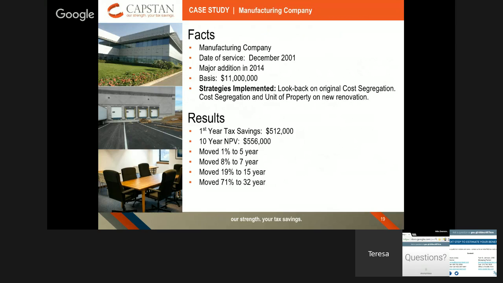And you can see the percentages that we moved: close to 10% between 5 and 7 years, and close to 20% to 15-year land improvements. That doesn't even tell you the benefit they're going to get long-term out of that report by having all the data they need as they make improvements to the property going forward, to write things off or do their expensing.